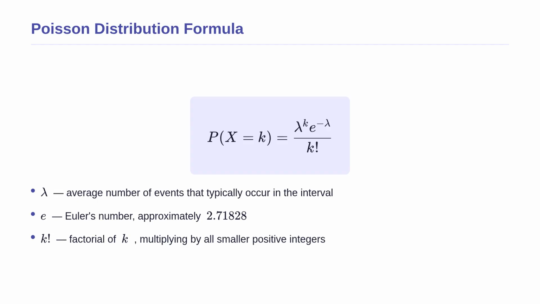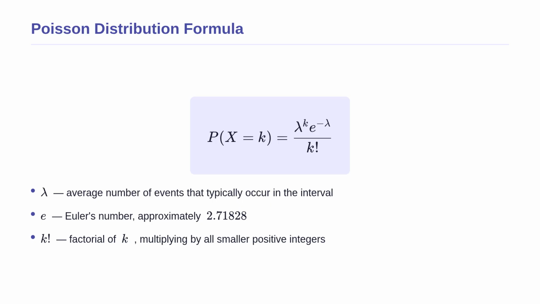This brings us to the mathematical engine behind these predictions. Let us look closely at the Poisson formula. P of x equals k is the probability of observing exactly k events in our chosen interval. The most important symbol here is the Greek letter lambda, which represents the average number of events that typically occur in that interval.